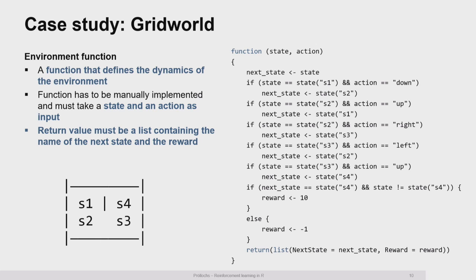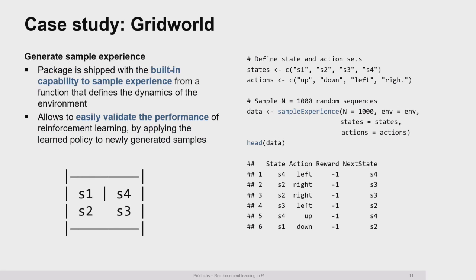For example, if we are in state 1 and we take action down, we are then in state 2, and so on. And we get a positive reward if we are in state 4. Otherwise, we get a negative reward. Good. And then there's a function called sample experience, which just uses this environment function and allows us to generate sample experience based on this.